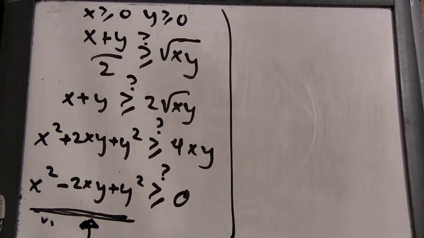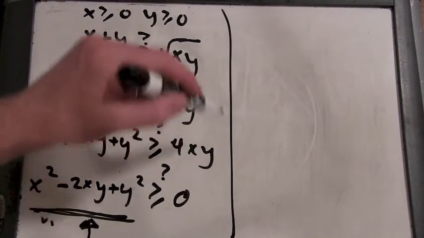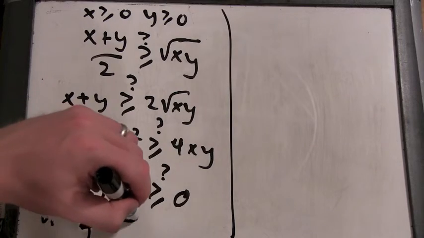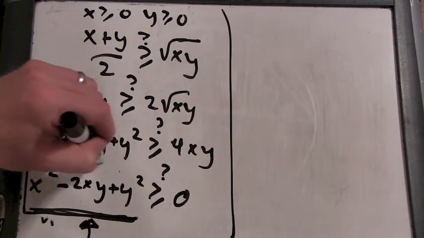I mean, you can turn it. You can say that x squared plus y squared is bigger than or equal to 2xy. Yeah, you could, but we've already moved stuff around and we have it all on one side. So look at this piece of the equation.